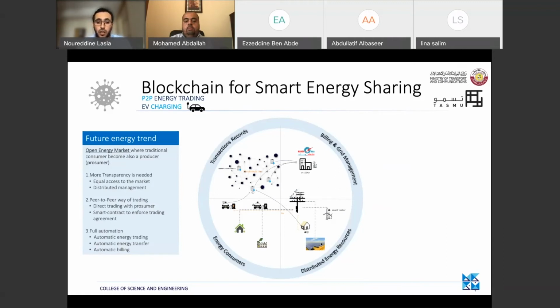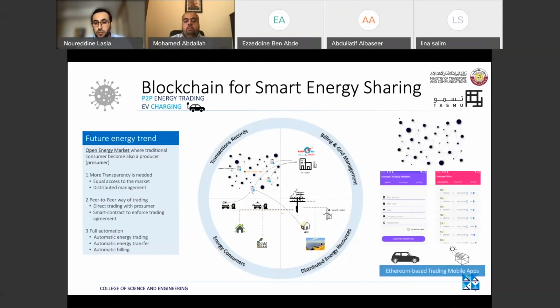In addition, we have our blockchain-based trading platform to handle the transactions, mainly the buying and selling of electricity between the provider and the consumer. And we keep relying on the utility company, mainly because it handles and manages the infrastructure, including the grid network as well as the smart meters, and also the billing system.